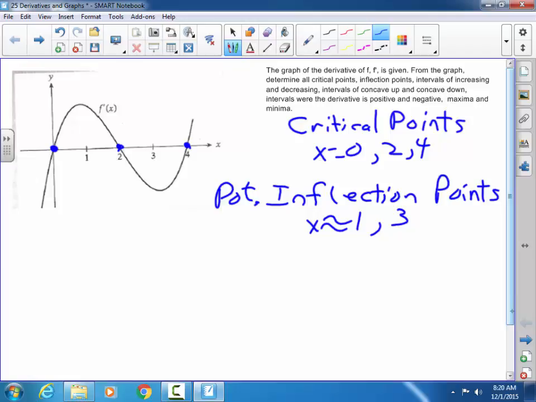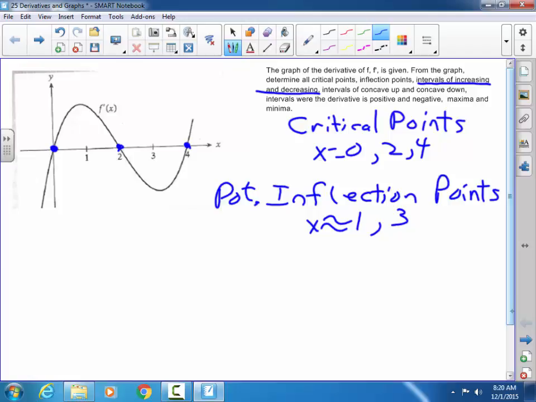All right. How do we determine where the function is increasing and decreasing? Where the second derivative is increasing. Wait, the function? The function. Because that's what we're asking for here. It's not clearly worded. Where is the function increasing? What has to be true for the function to be increasing?